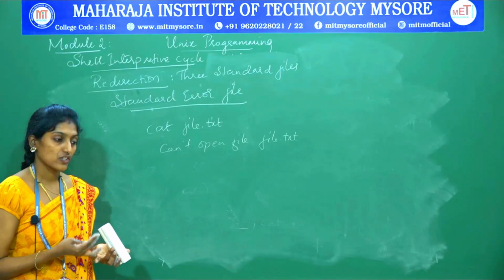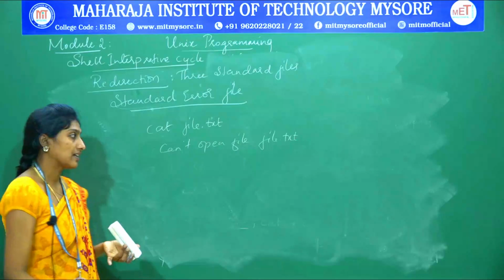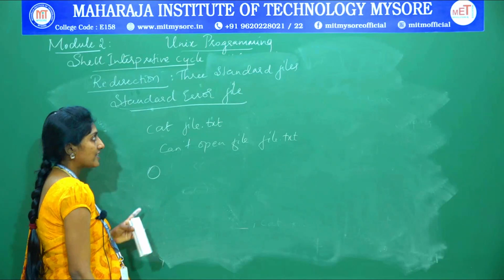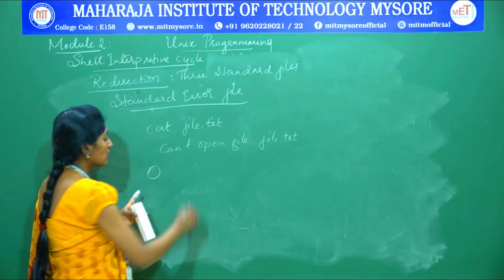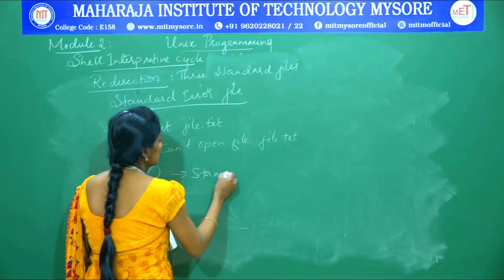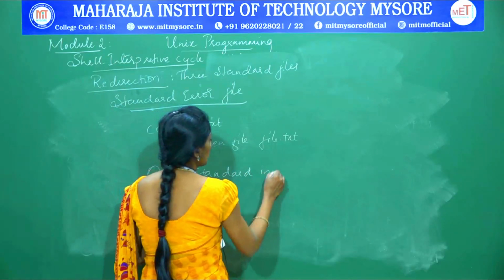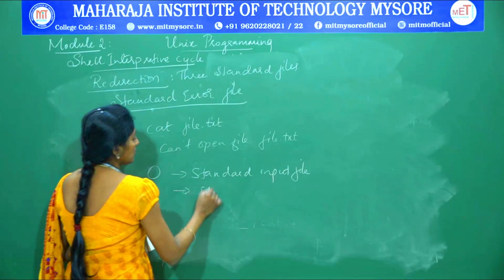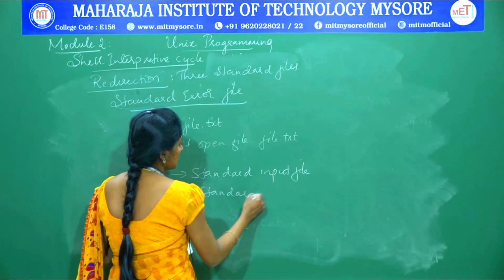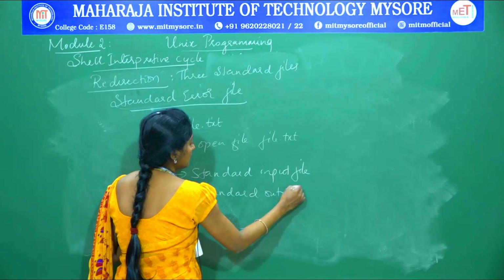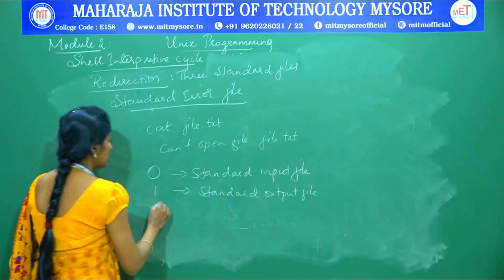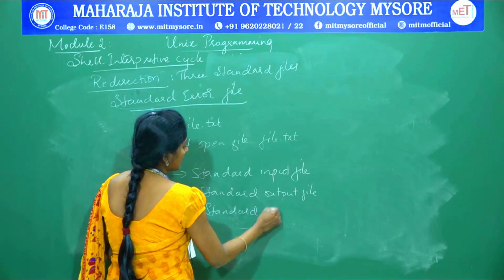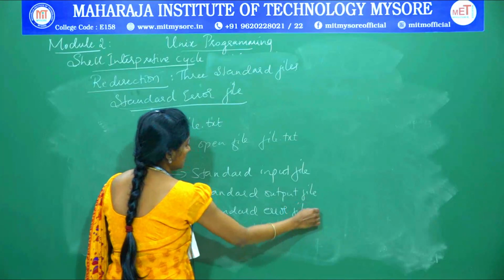One is for standard output, standard input and standard error. So 0 is for standard input and 1 is for standard output file, and the file descriptor number for standard error is 2, the standard error file.